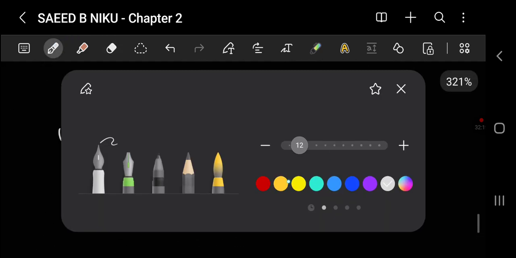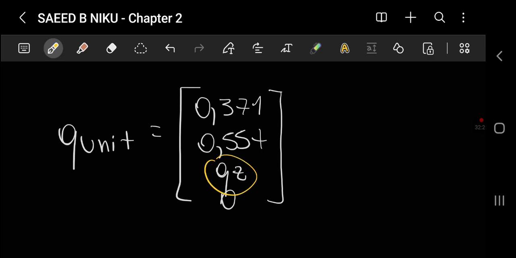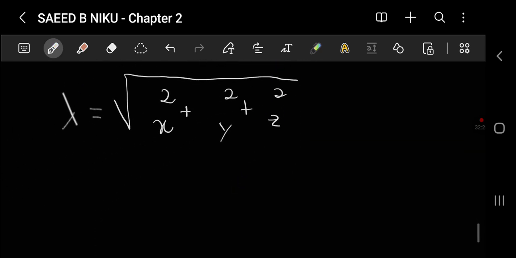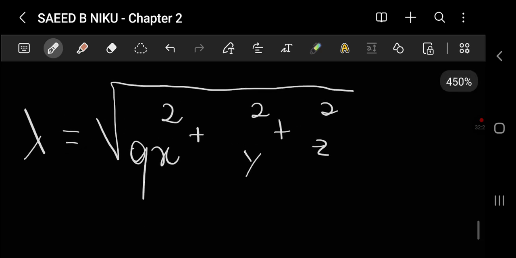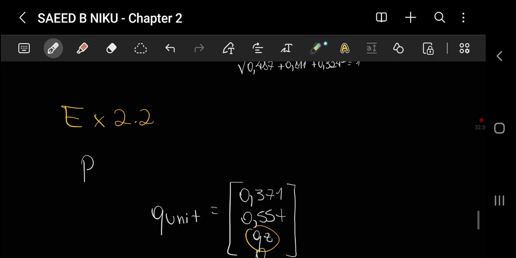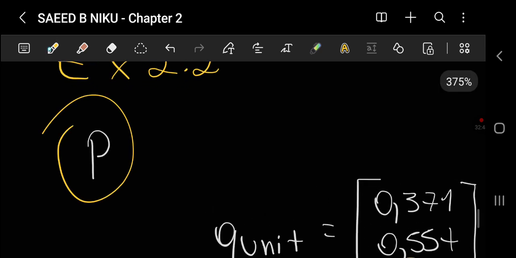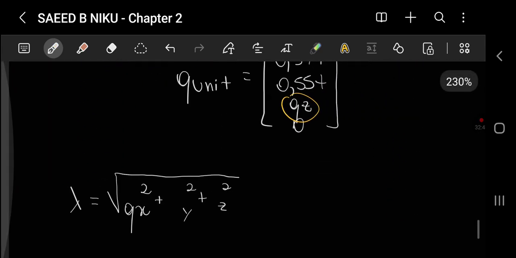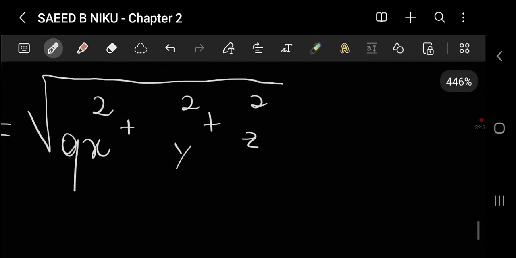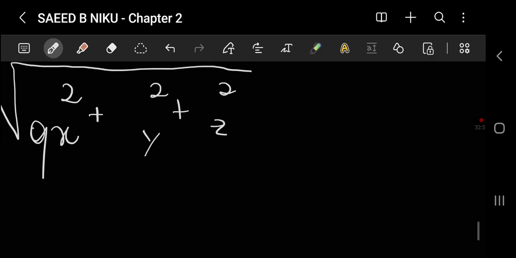So we have to find this term Qz, and without it we cannot find the vector P. We want to find the vector P, moving 5 units in this direction.